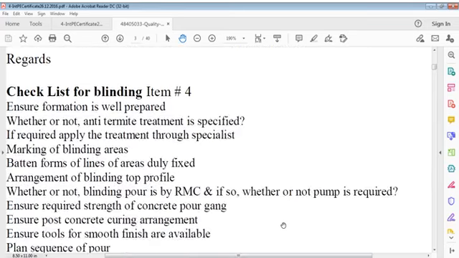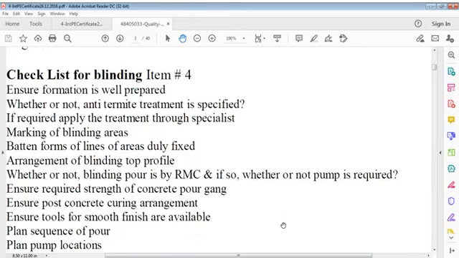That will decide. Now the checklist for blinding, item number 4. First of all, be clear what blinding is. There are no eyes that are blinded here. When you say blinding, this means there's some unevenness in the ground, undulations, not potholes.